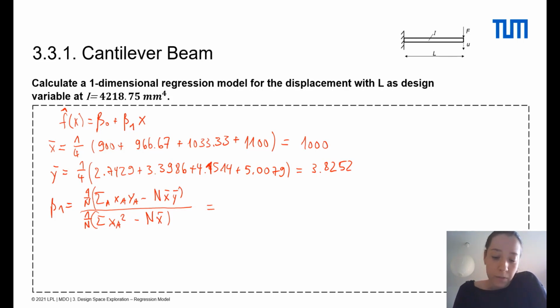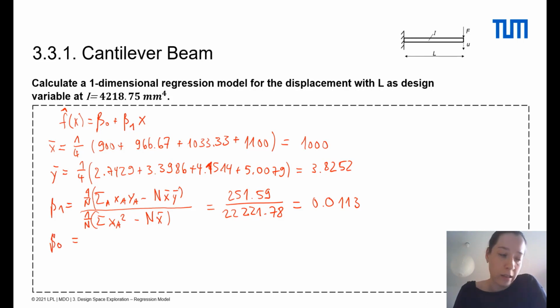If we plug in the values, we end up at 0.0113, and that leaves us for beta 0 with 3.8252 minus 0.0113 times 1000.